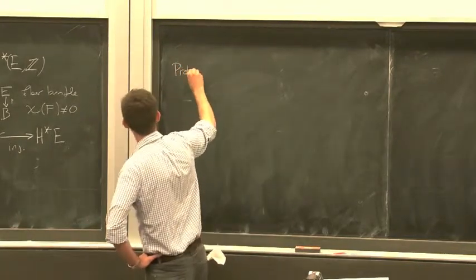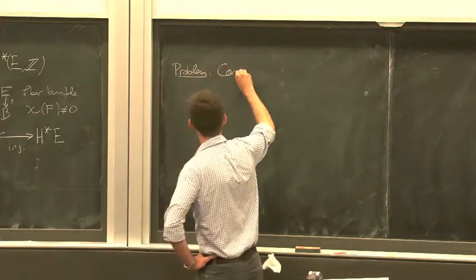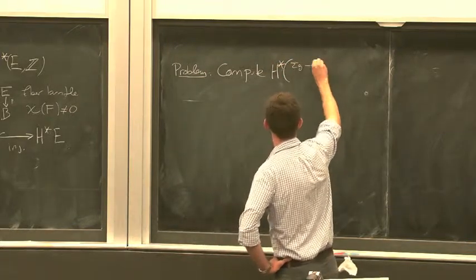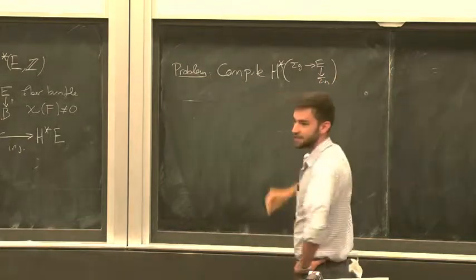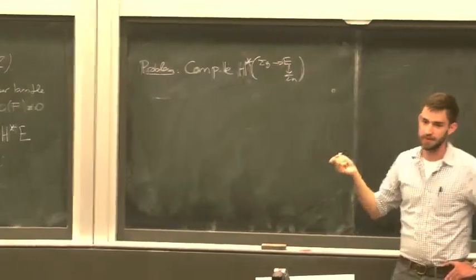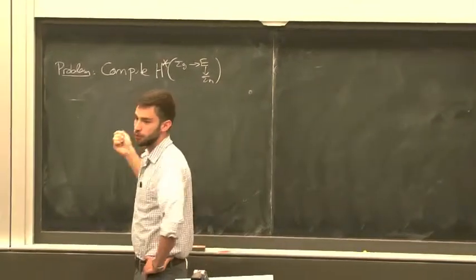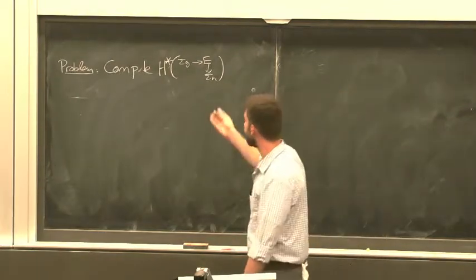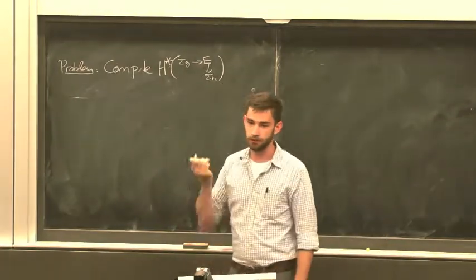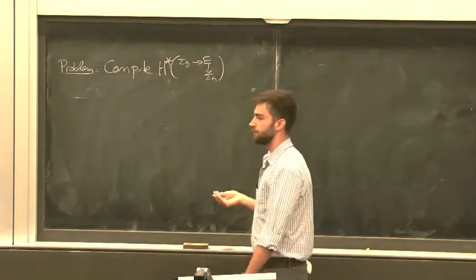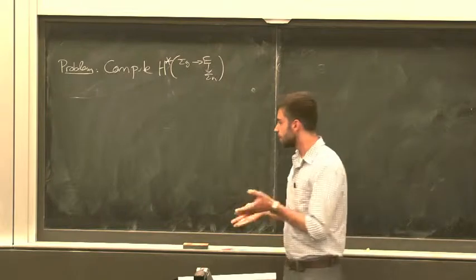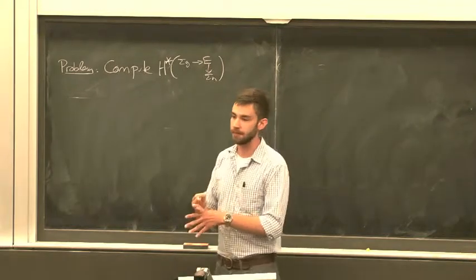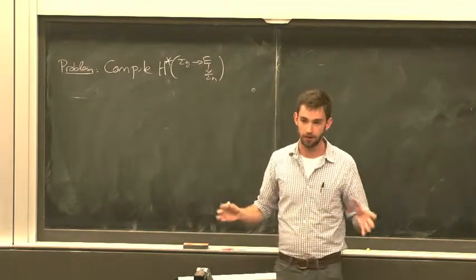So let me write the following problem. Compute the cohomology of sigma g, sigma h. The way I computed this is I transferred the problem to computing the homology with intersection pairing. If you have a closed manifold, you have this dual theory of cup product, where if you have embedded closed manifolds that represent homology classes, and you put them in general position, you can intersect them, and you get a new closed manifold, and the codimensions add.